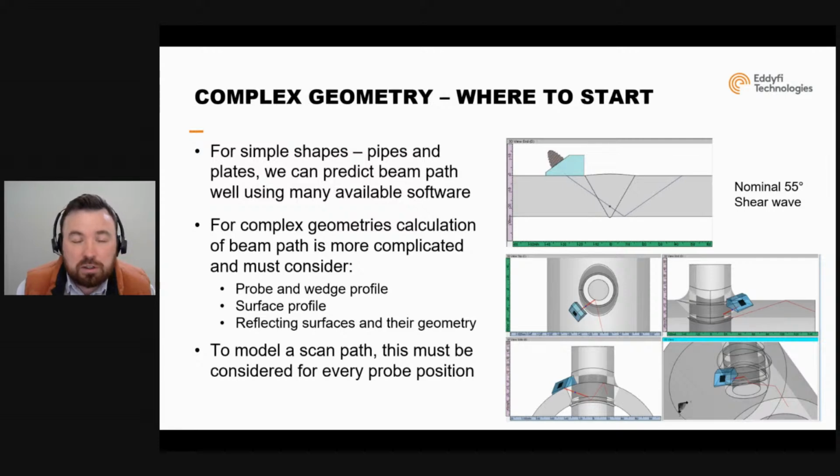So in worst case scenarios, if there's a flaw in an area of interest there, the beam that's reflected back may not be returned in the right place. And you can see that represented by the red line. So it's important to consider the real geometry of the component when designing the inspection.